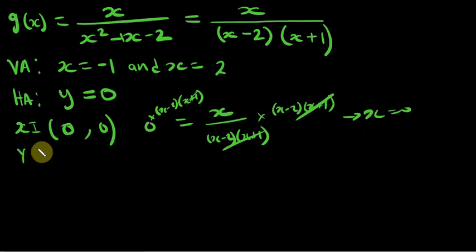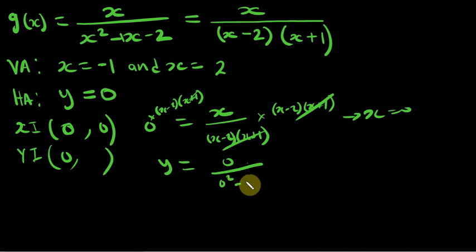Alright, the y-intercept: we substitute the value of 0 for x, and what we get is the y-intercept. So y equals 0 over 0 squared minus 0 minus 2, so 0 divided by minus 2, that is 0.